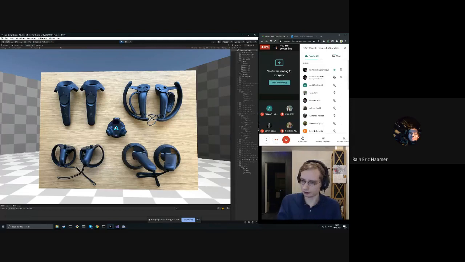We have the 6 degrees of freedom sorts of devices, and we also have 3 degrees of freedom devices. They're slightly less common, but they also exist, and they're much simpler. They usually come with smartphone-based VR systems.